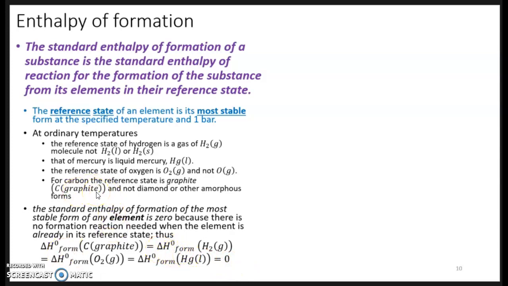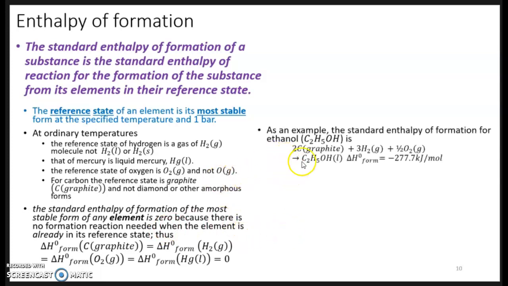For carbon, the reference state has several forms, and one of the forms is diamond, another graphite, and the most stable form is graphite. Allotropes, yes, that's the word I'm trying to remember.